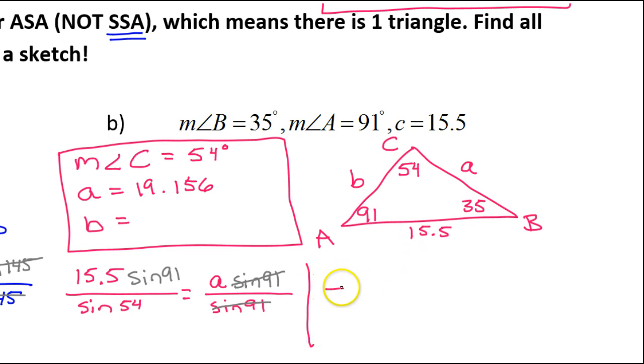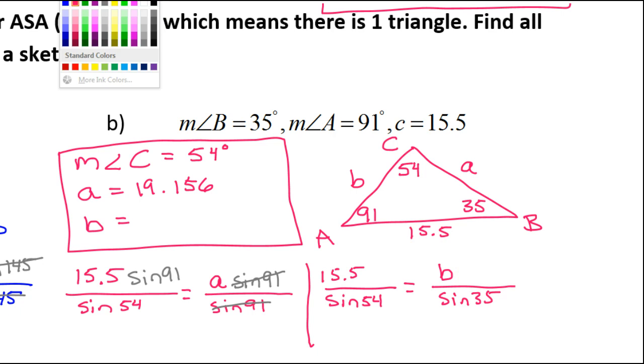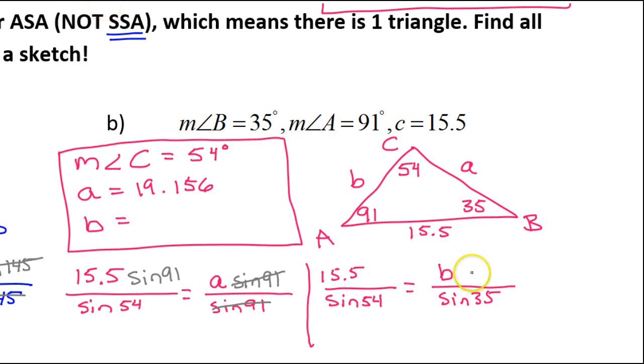I'm going to do the exact same thing for side B. And again, since I'm looking for a side, I'm going to put sides in the top. So it'll be the exact same thing: 15.5 over sine 54. But this time I'm looking for side B, so I will say side B over the sine of 35. To get side B by itself, I need to multiply both sides by the sine of 35.